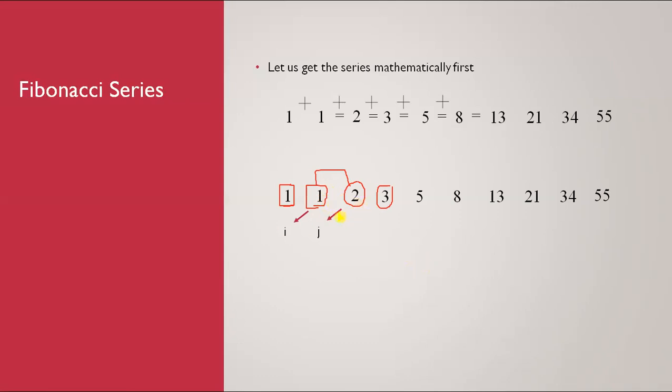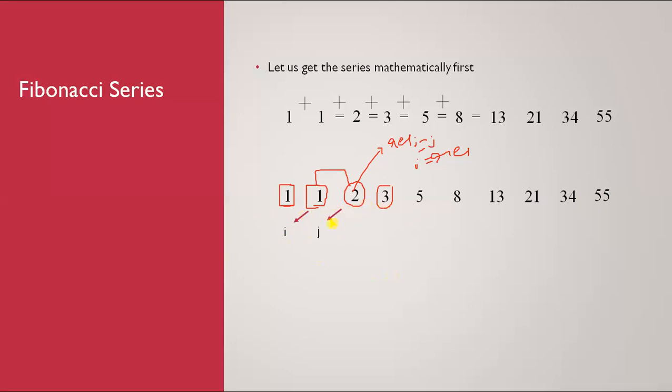Okay, so now let us assume that this number is the resultant value. The J value would be given to I, and then the resultant value, which we get by adding these two numbers, would be given to J. So the series goes in this way.